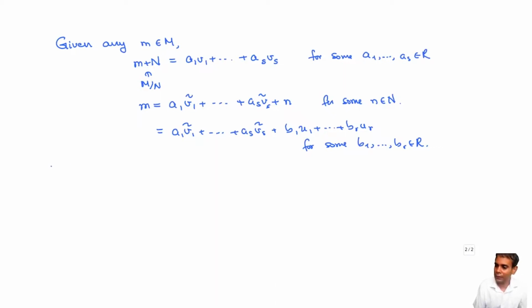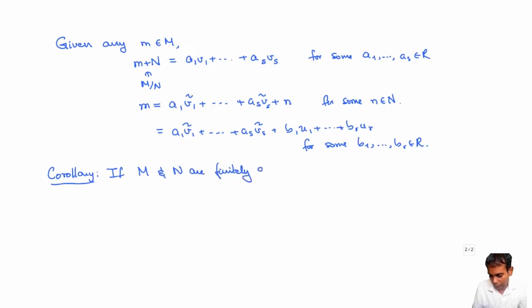So a corollary of this is, well, rather a special case: if M and N are finitely generated R modules, then M plus N is also finitely generated.